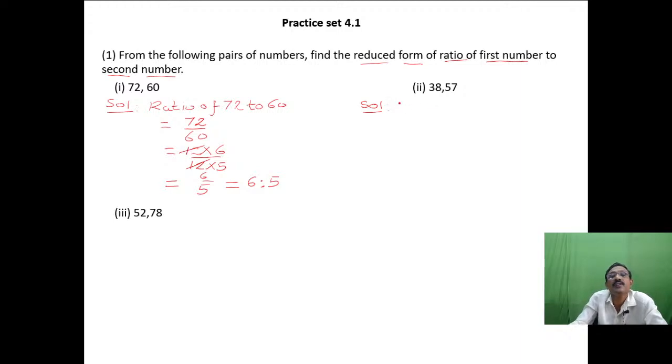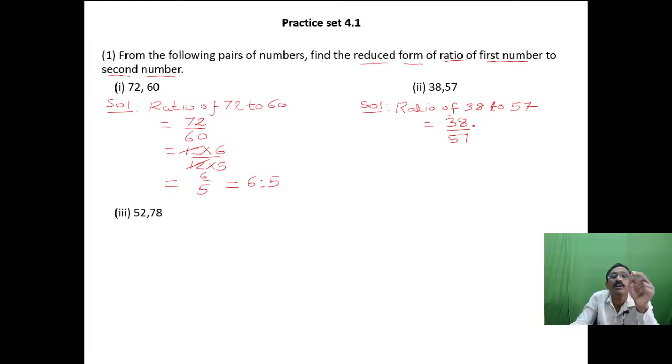Ratio of, first we will write the ratio of 38 to 57, which is equal to. Now when we have the ratio of 38 to 57, we write 38 upon 57.